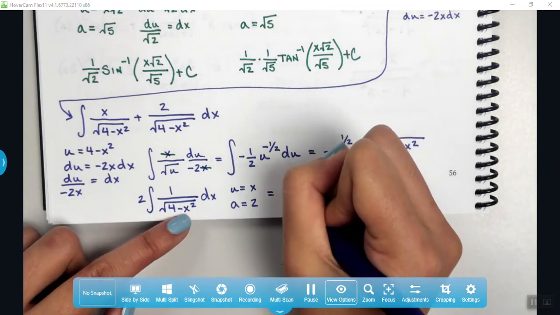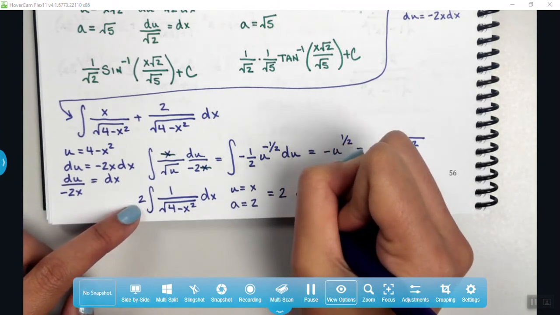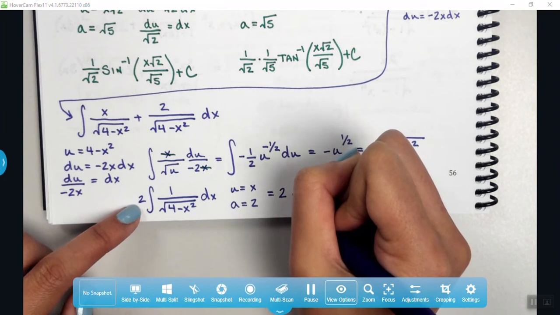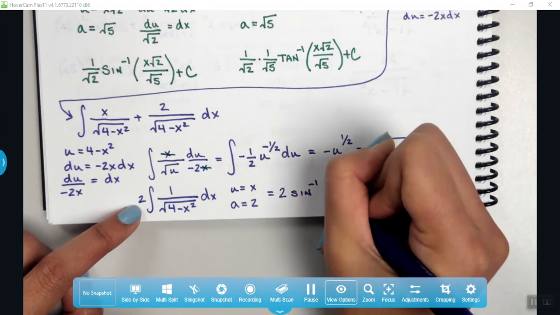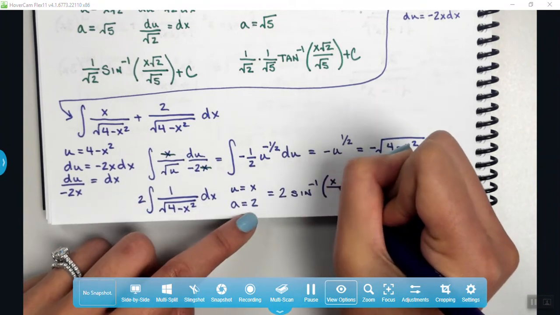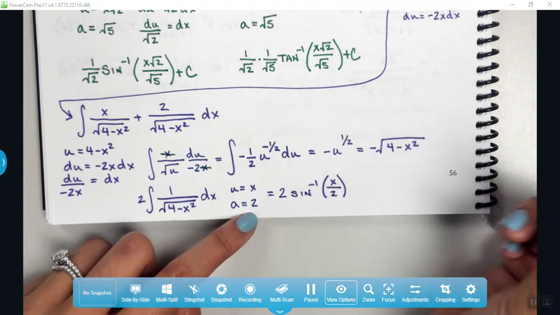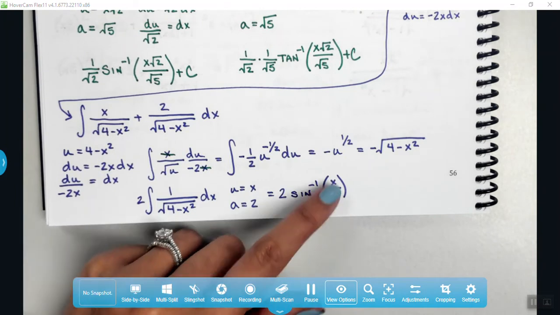This will be 2 times, does sine inverse have the 1 over a? No, it does not. Sine inverse of u over a, x over 2. And then we combine these two.